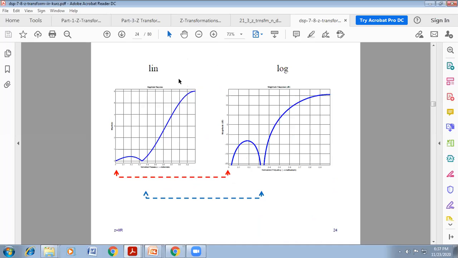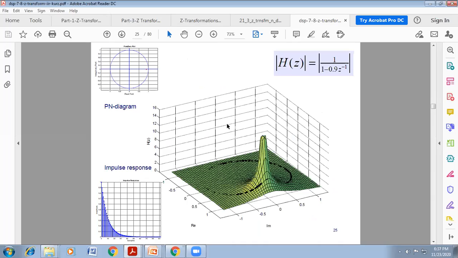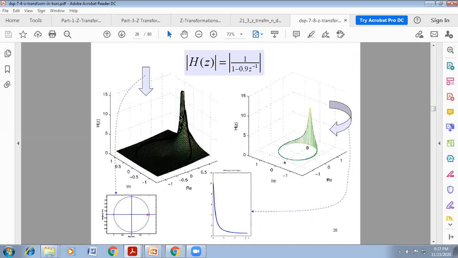This is also linear, and it is the logarithm function, and this is also a Z transform, a pole-zero diagram, impulse response. This is the diagram of this Z transformation. This also we can draw by using this function.